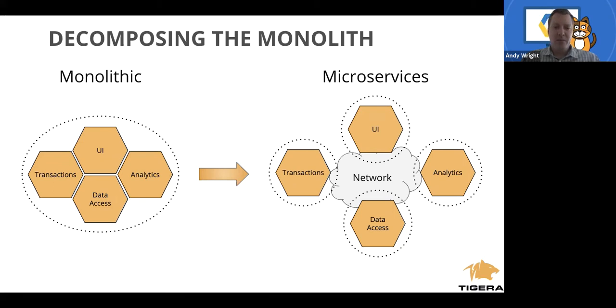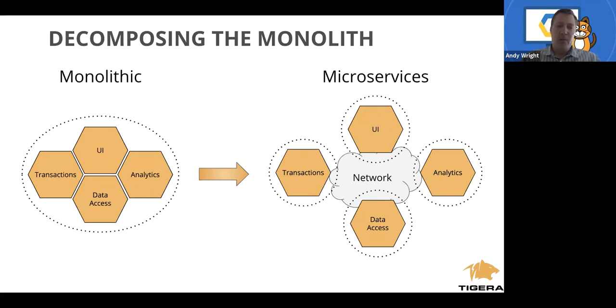But what's happened is that fundamentally an application that's a monolith would be performing most of its work in memory. So you think of these components on the left-hand side, the UI and transactions and data access and analytics, as one large binary or set of binaries running on a system, using function calls in order to get their work done.